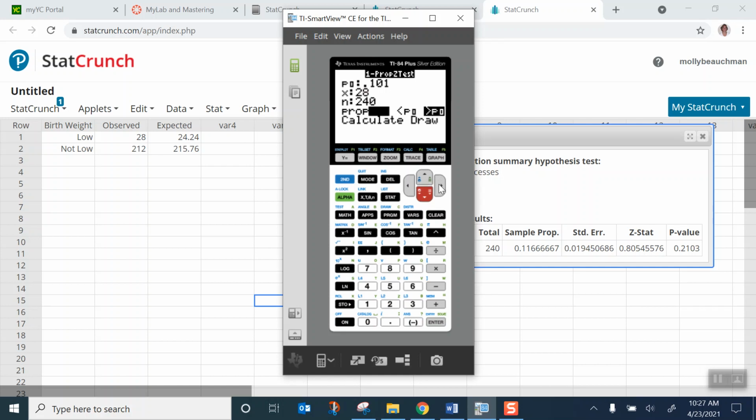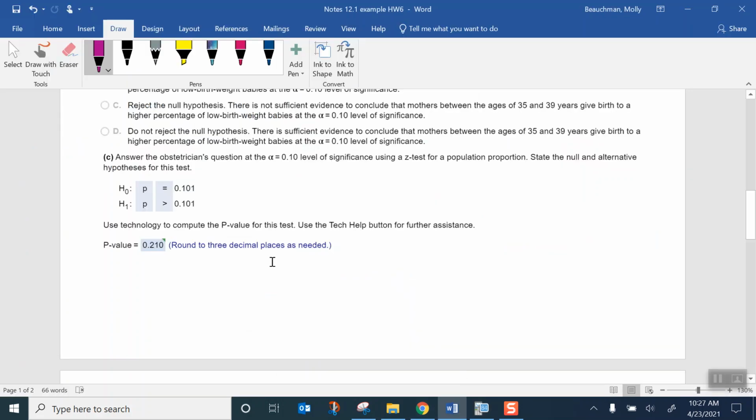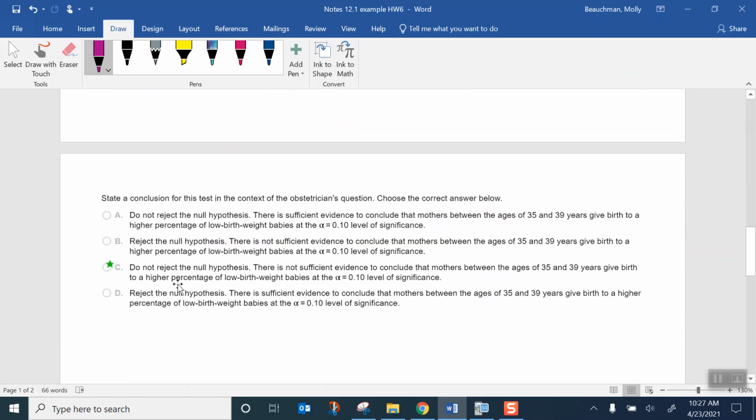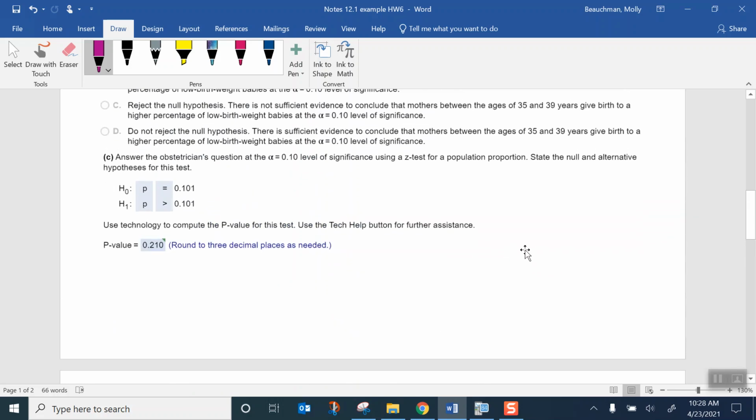It is greater than, calculate. You get the same output, 0.21 is your p-value. So what does that mean? That also supports failing to reject the null hypothesis. There's still not evidence to conclude. So you can run that same question using the two different tests.